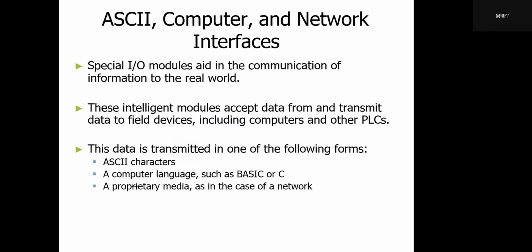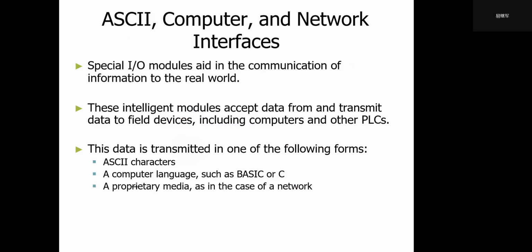Next, let me introduce some other interfaces: ASCII, computers, and the network interfaces. Special I/O modules aid in the communication of information to the real world. These intelligent modules accept data from and transmit data to field devices, including computers and other PLCs.